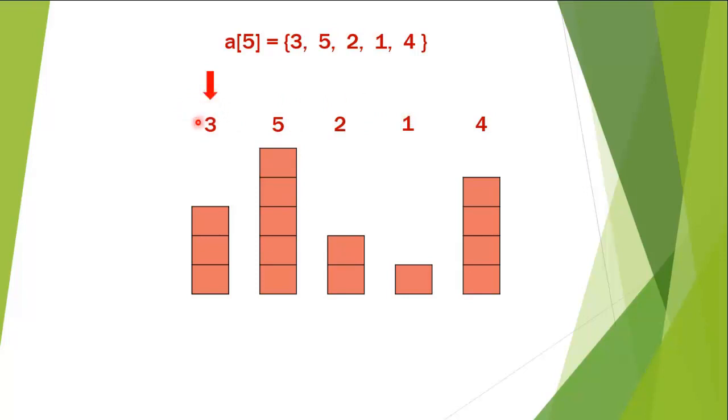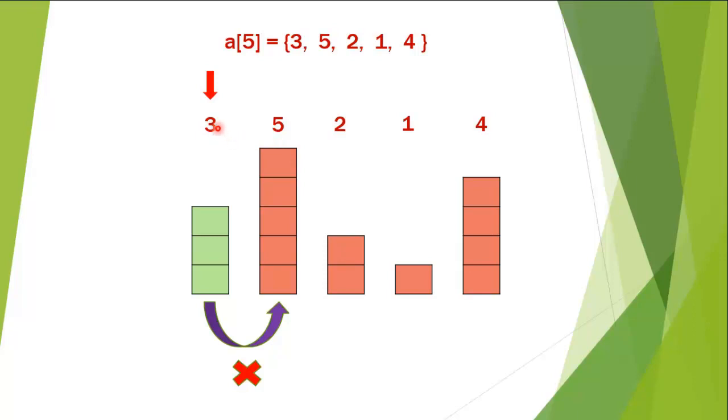Now, here the first element has been selected, which is 3. Now we'll compare this 3 with the adjacent element, which is 5. If you see, 5 is not smaller than 3, so there will not be any swapping between these two elements because 3 is smaller compared to 5.